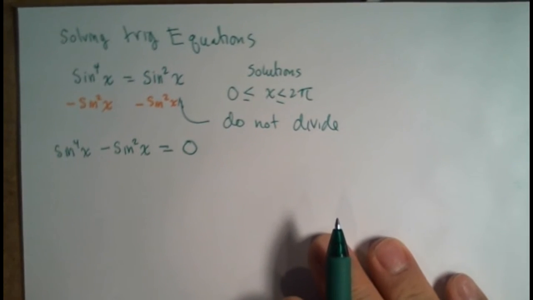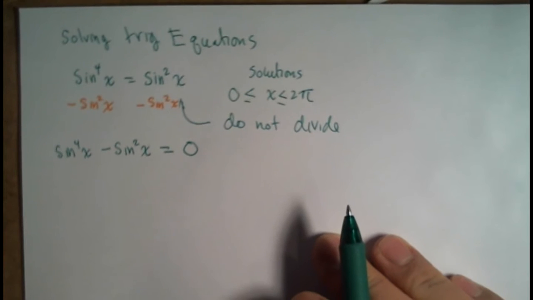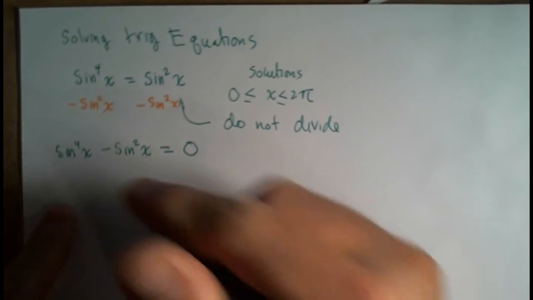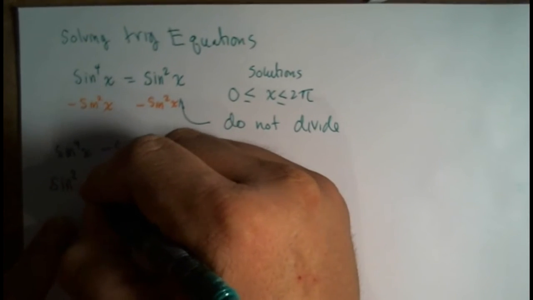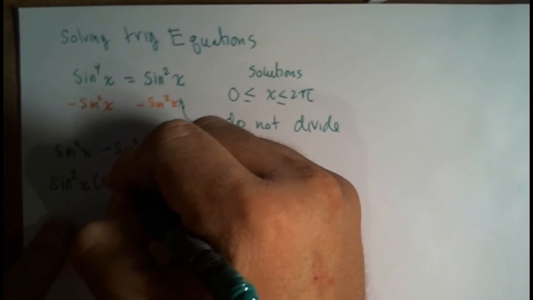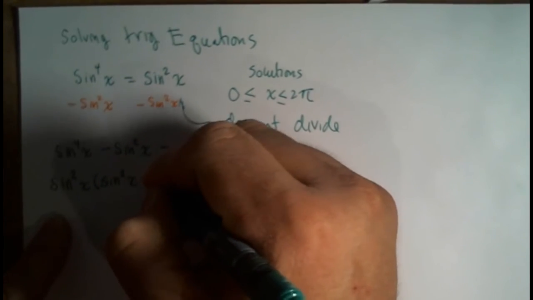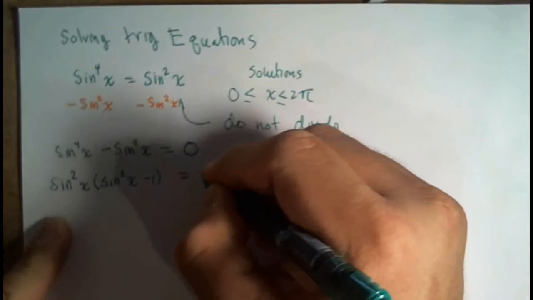So the approach is to set equal to 0 and then factor. What we have in common is a sine squared, and we're left with sine squared of x minus 1 equals 0.